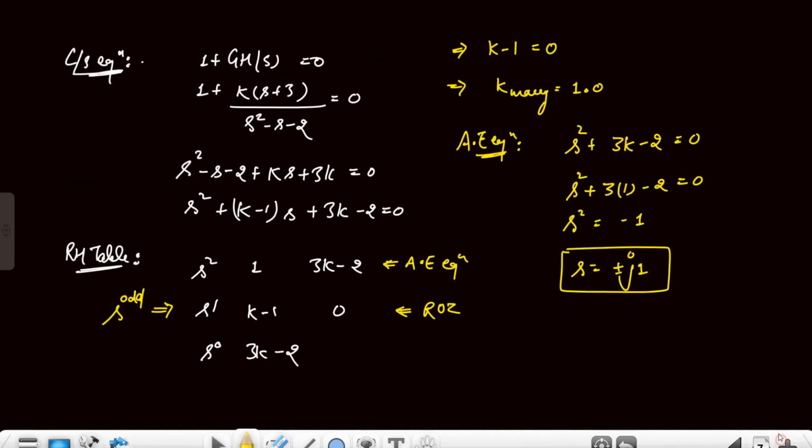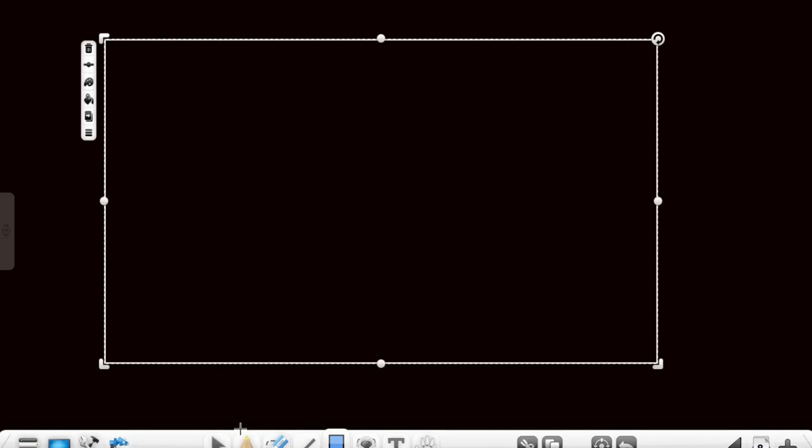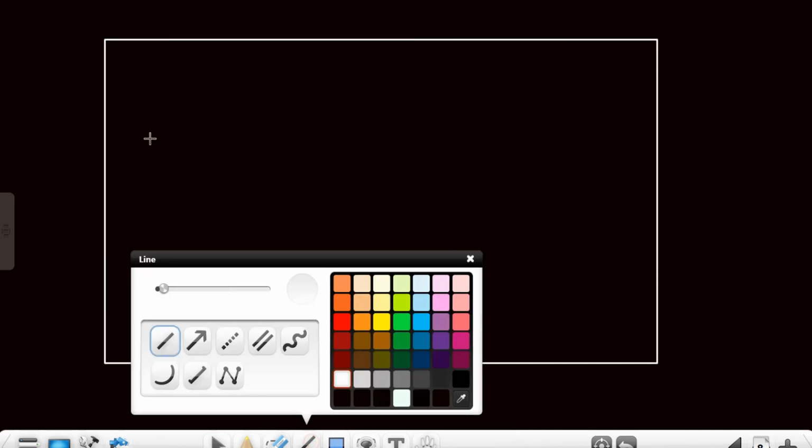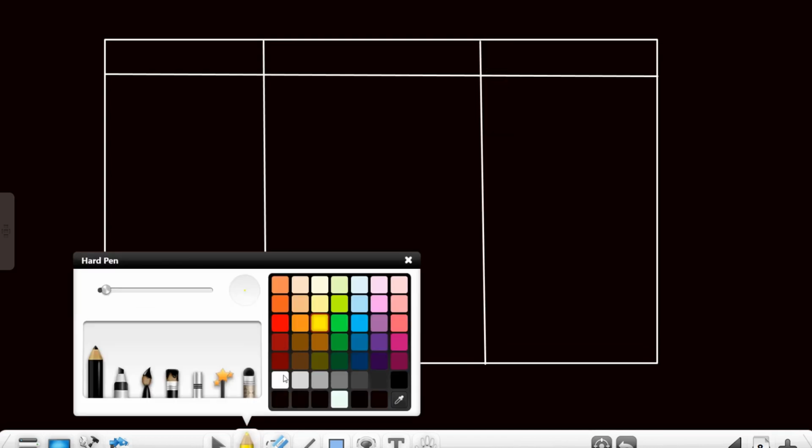So we can have a discussion on the damping also. Let's make a table for this. For different values of k, what is the nature of damping and the stability of the CLTF, because the roots are the CLTF roots.